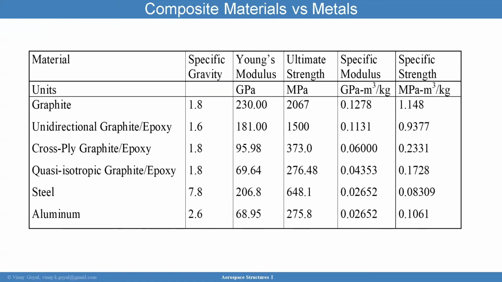Composite materials versus metals. I covered this before, but this is a nice plot showing the quasi-isotropic graphite epoxy with a specific gravity of 1.8 with an ultimate strength of 276. And you will say, well, that looks very similar to aluminum. The point I want to make is that if you don't tailor composites, you may not get the benefits that you need.